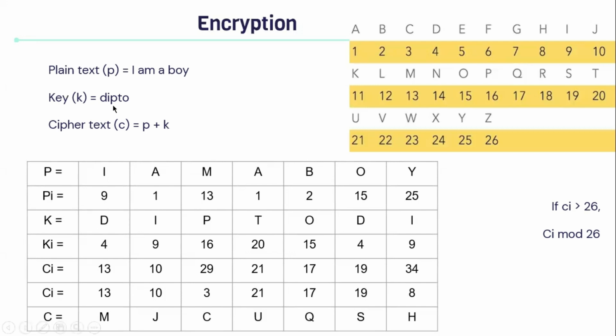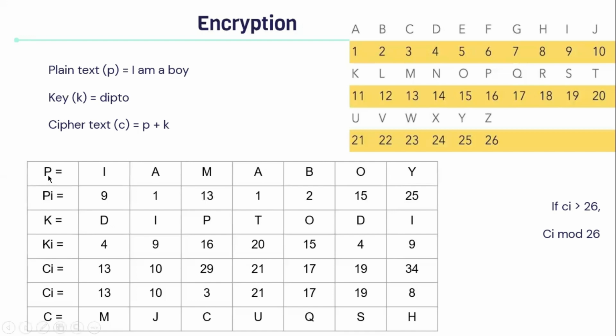The length of the key is 5 and the length of the plain text "I'm a boy" is 7. So we have to take the first two alphabet, the I, to match the length of the plain text. If the key is longer than the plain text, we have to subtract the remaining key.